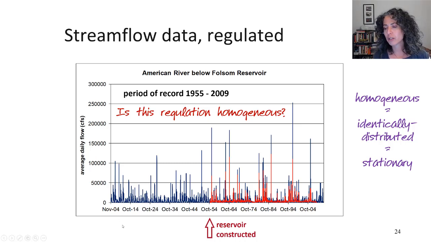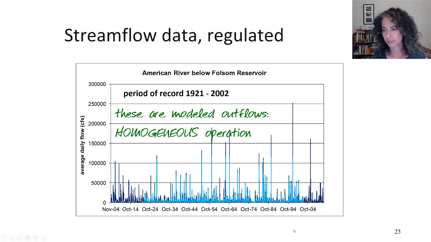So one way we can handle both of these issues is to use a reservoir simulation model, which can simulate current reservoir operations, and then we can route our entire period of record of data through the reservoir simulation model. That will allow us to be sure we have current and homogeneous regulation, and it will also give us a larger data set.